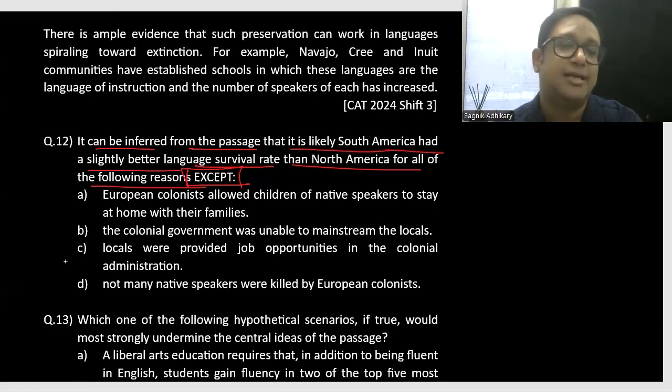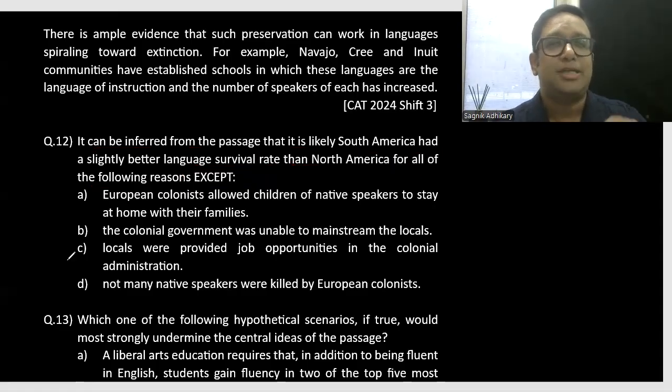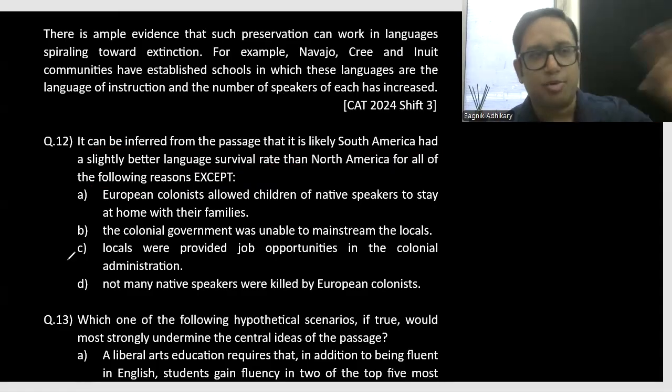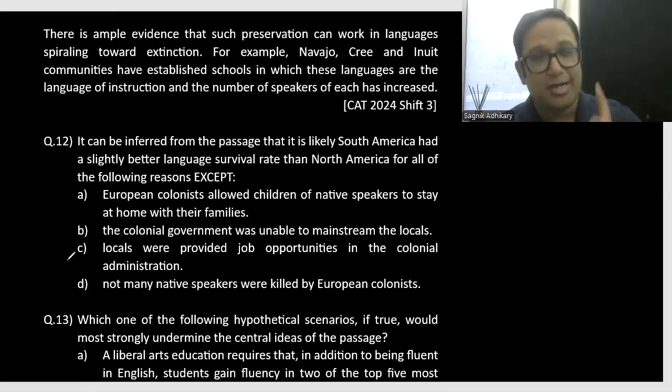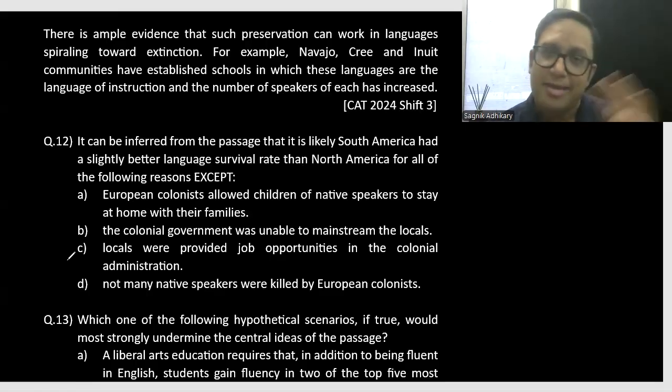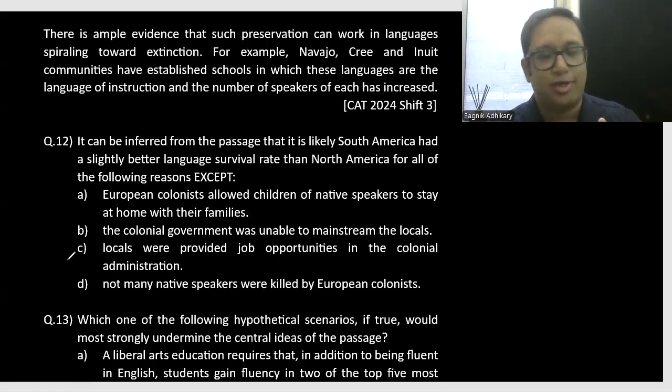And the second is the misappropriation of the culture, where children from that community were taken away from the community, put into federal boarding schools. One other reason is given in the second paragraph that is not directly related to North America or South America, but that may be correlated. Let's see about that from the options.